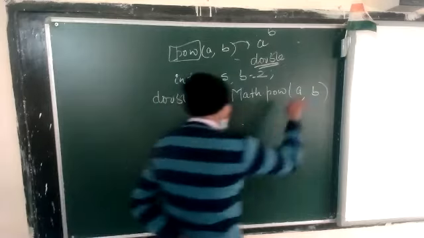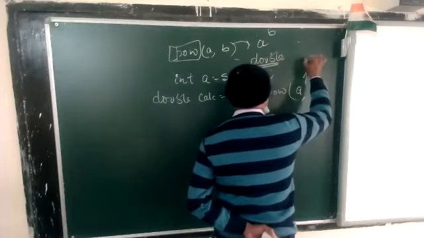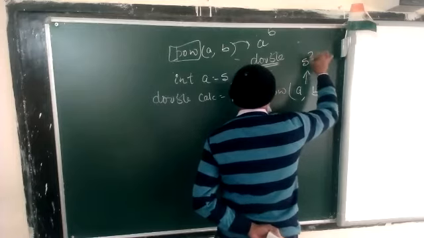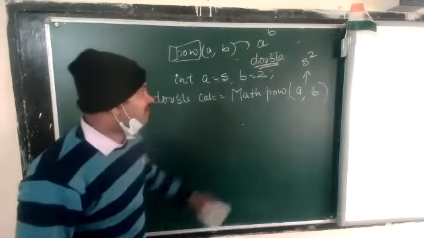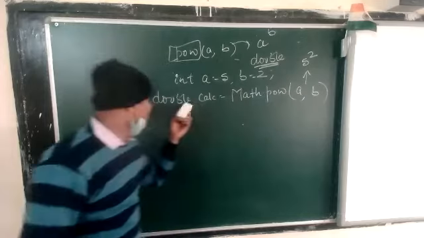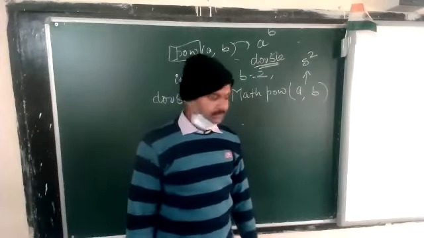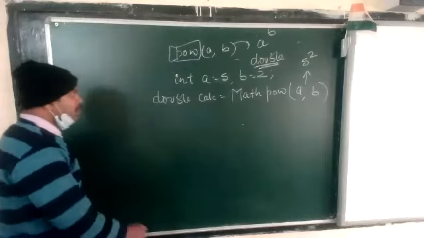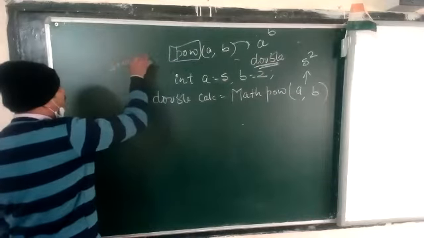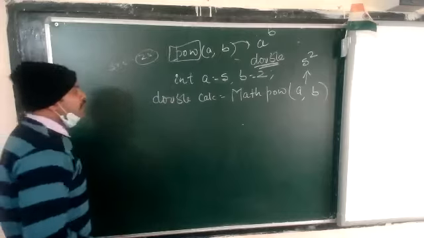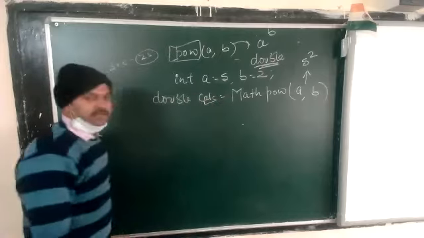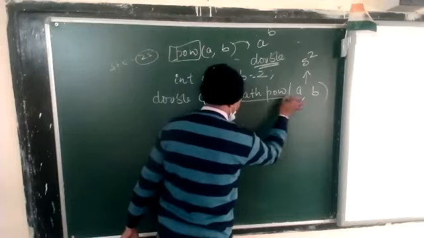So it will calculate like this: a is 5, so 5 power 2. And it will return the value in the form of double only. So this is how we calculate. 5 into 5 you can calculate, and it will be stored in calc. So this is how we will write.